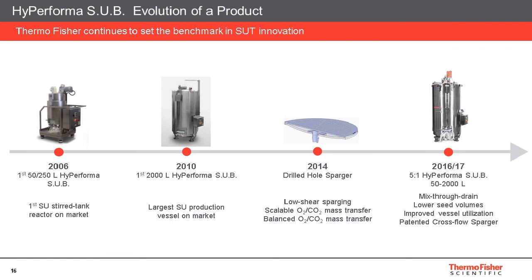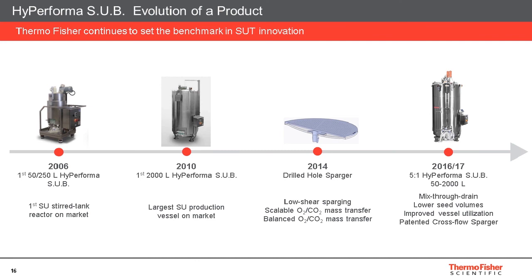We started about 15 years ago, almost in 2006, with the high performa single-use bioreactor. There was a very basic one at the time, 50 liter, 250 liter. And over the time, of course, we had a lot of feedback from our customers, a lot of work in our R&D team. So we had a lot of evolutions over time with our single-use bioreactors.